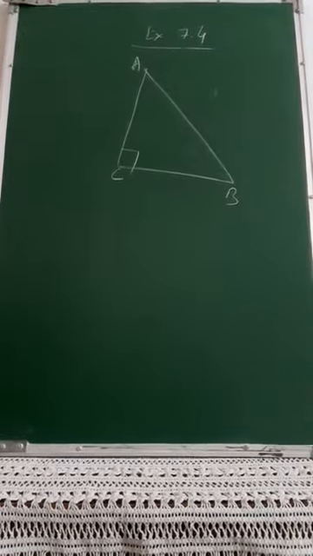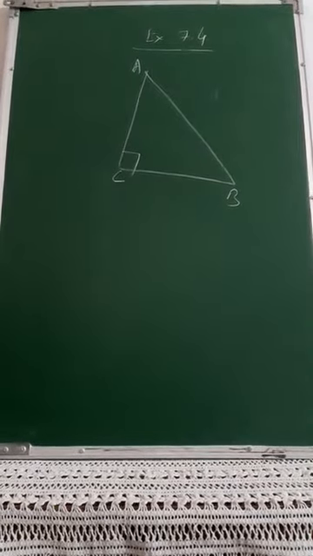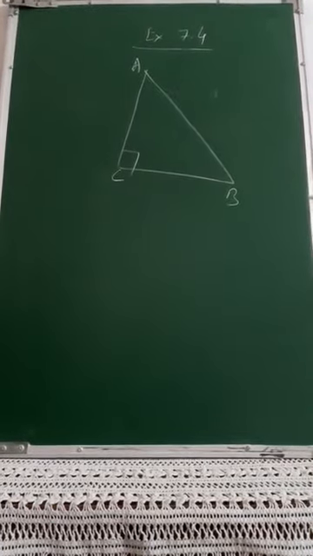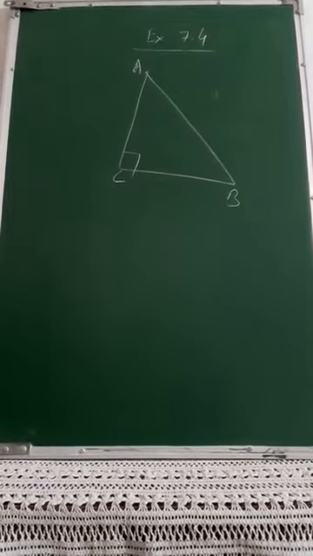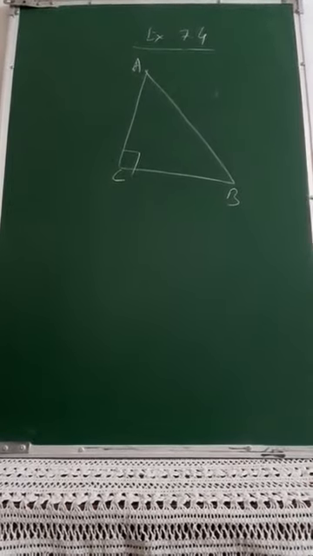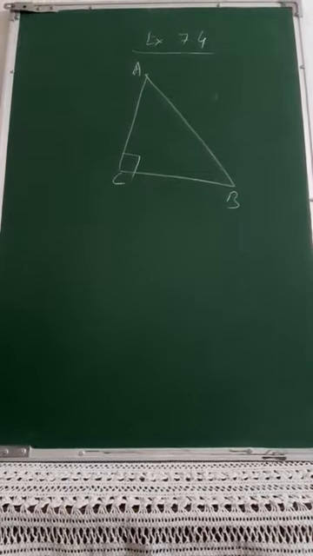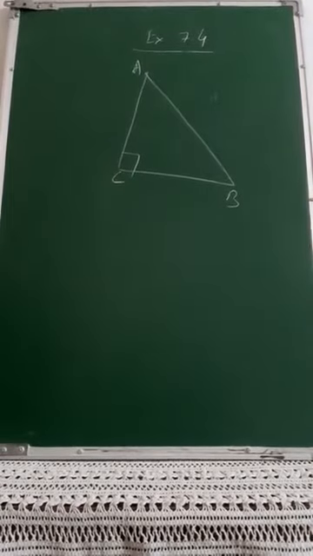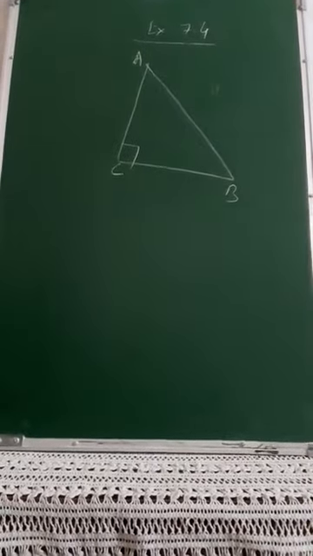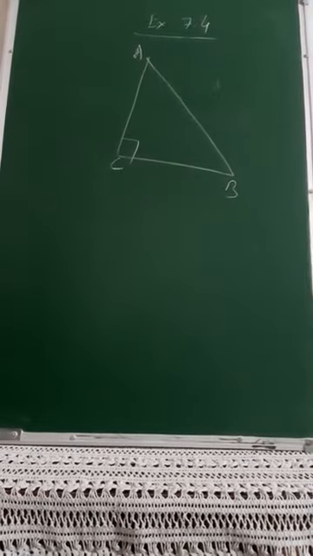So see, the first question, you need to prove hypotenuse is the longest side in a right triangle. And we are very much aware of this fact. But now the question is, how to prove this? That is the part we find difficult to prove. That is only the difficulty with the syllabus of class 9.